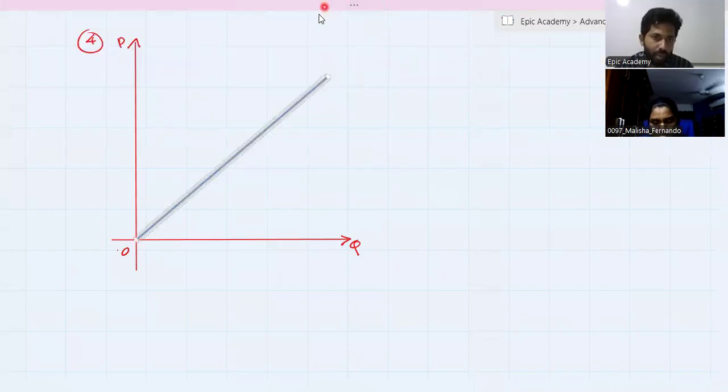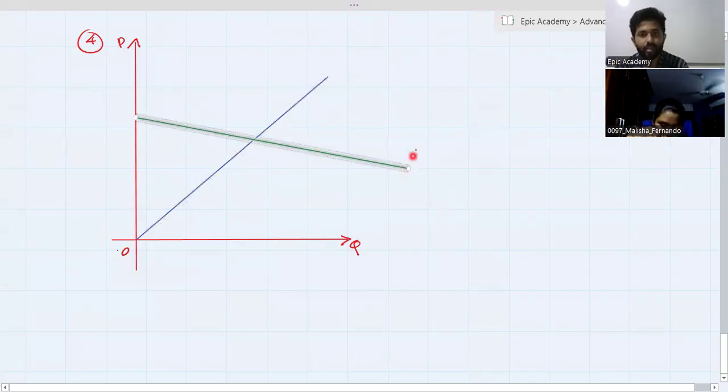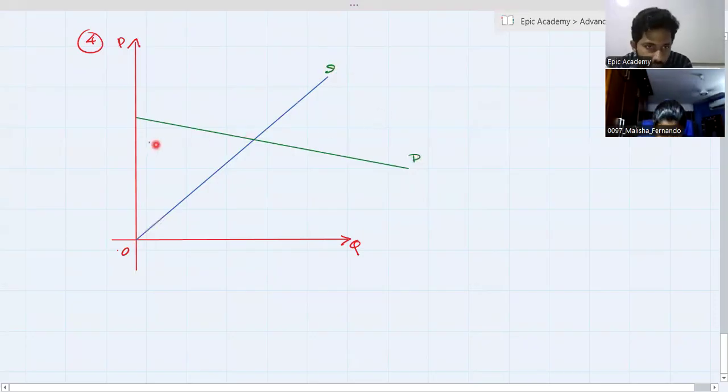This is demand, this is supply. This is the equilibrium point, where you can identify the equilibrium quantity Q1 and price P1.